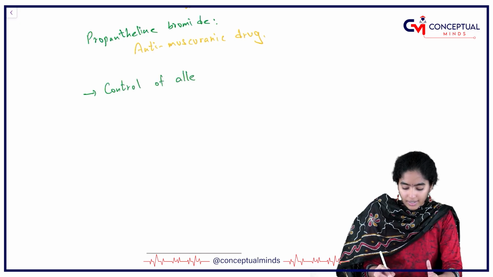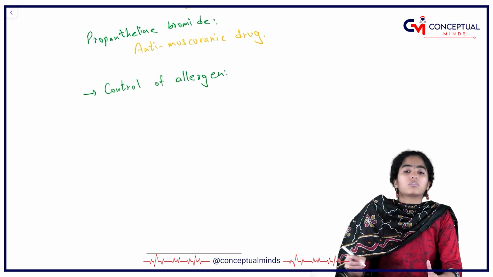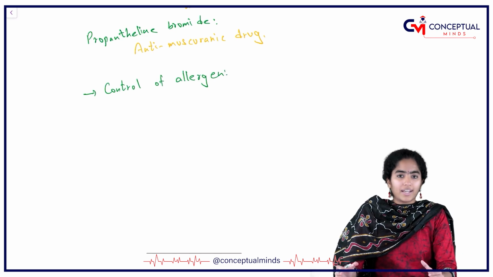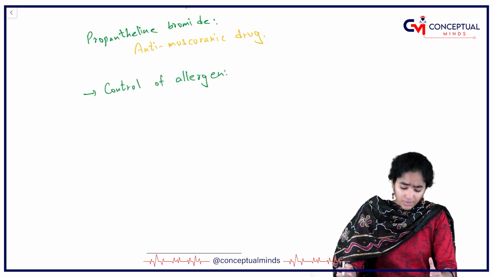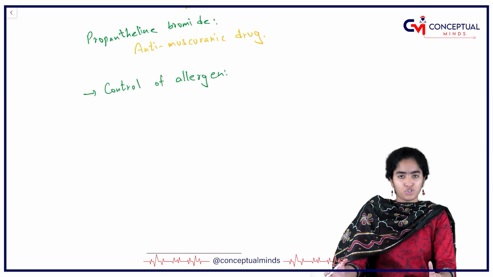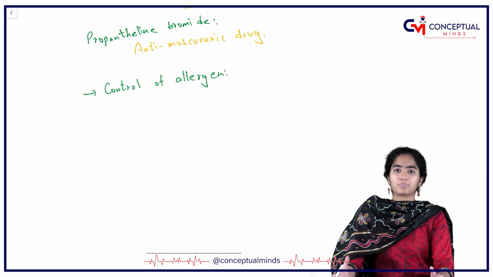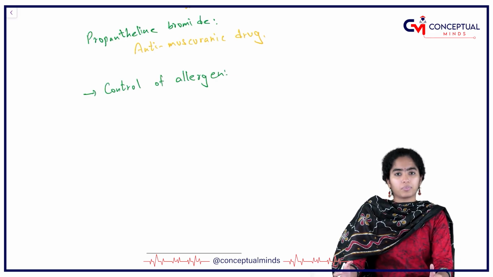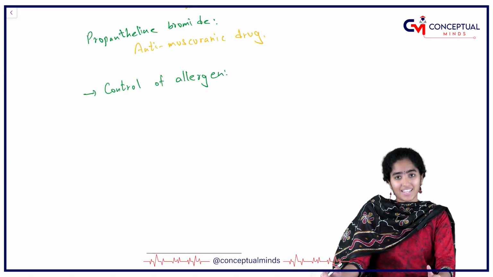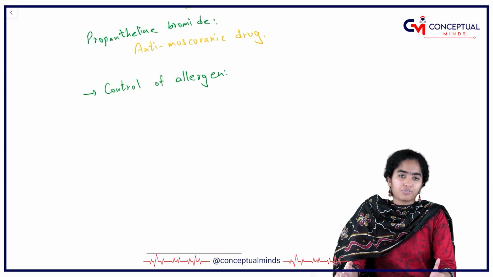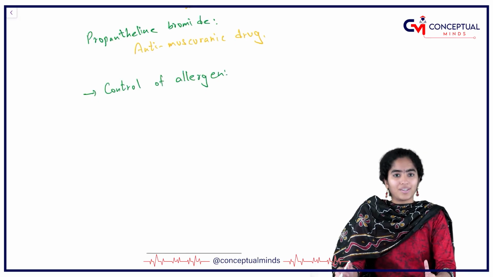Identifying the allergen and trying not to get exposed to that allergen. If at all that's not possible, at least anti-allergy treatment has to be given to the patient. And if it is because of hypothyroidism or some other hormonal problem like that, that has to be addressed. And as I told you, just treating hypothyroidism itself will cause complete relief of the symptoms of Meniere's disease in some patients.